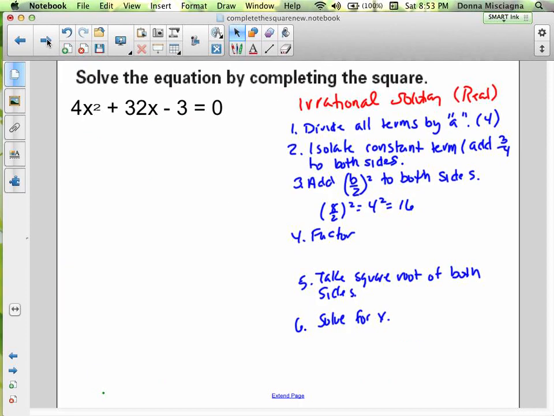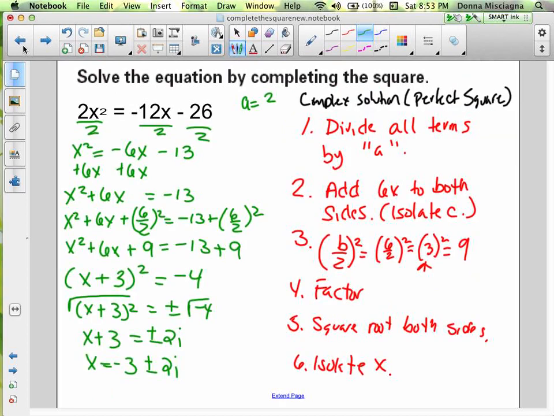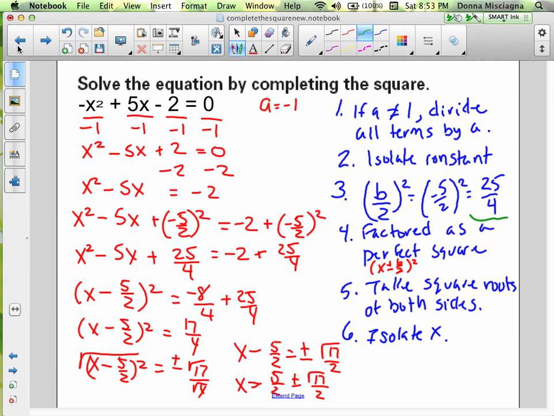And so here we have this one. So our first step is to divide everybody. By the way, our last problems: the very first problem, it doesn't say it, but we had a real solution.